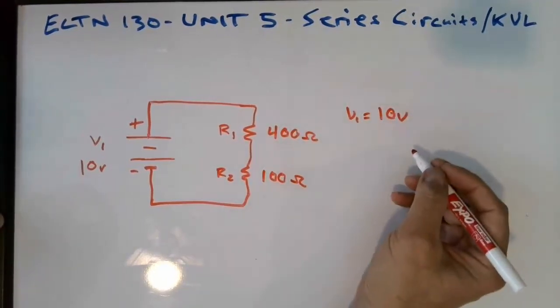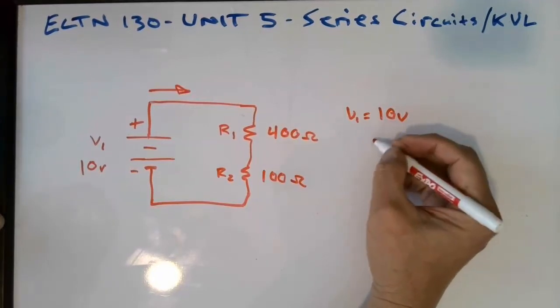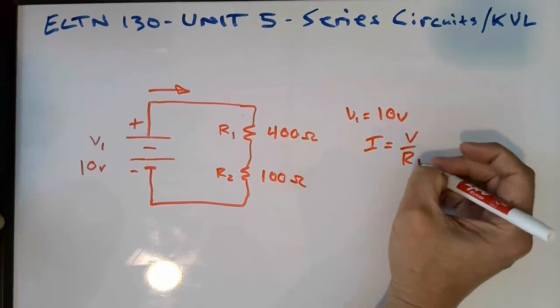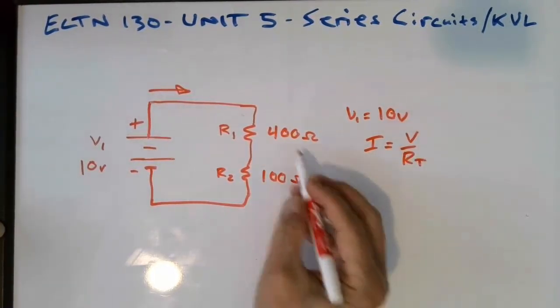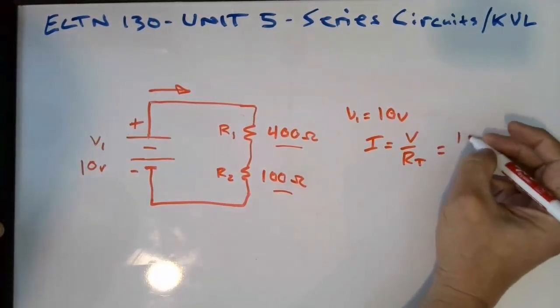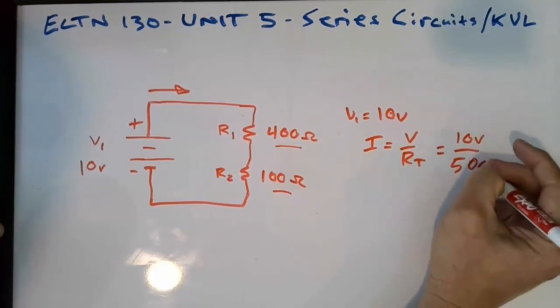If we're going to calculate the current flowing through these resistors, I is going to equal V over RT, and RT in this case is simply the sum of these two, 400 ohms plus 100 ohms, so that equals 10 volts divided by 500 ohms.